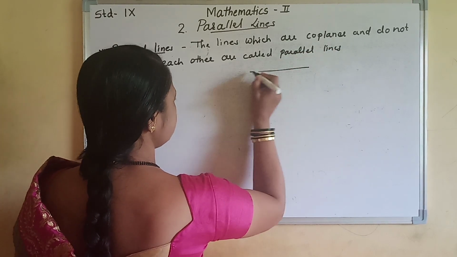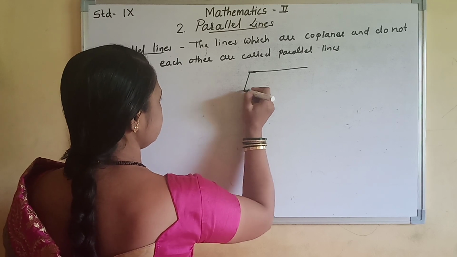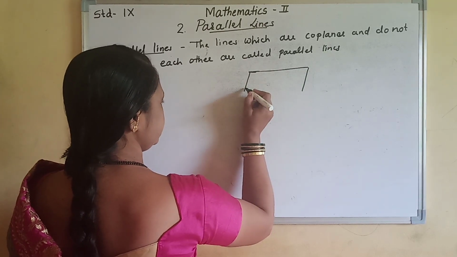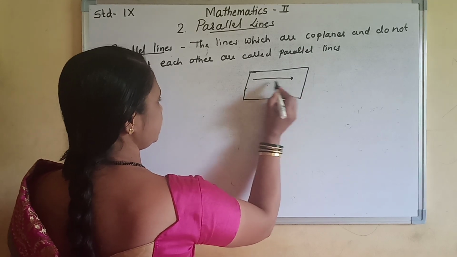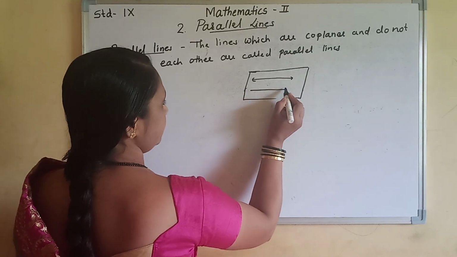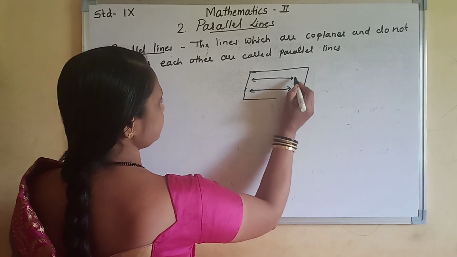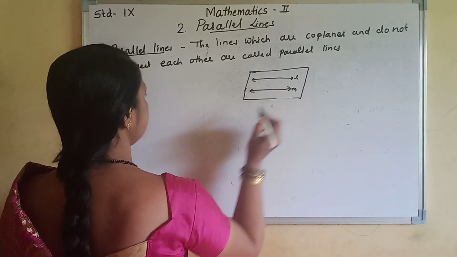In one plane, they do not intersect each other. Such lines are called parallel lines. Now here L and M.